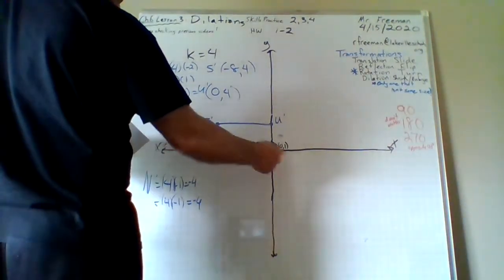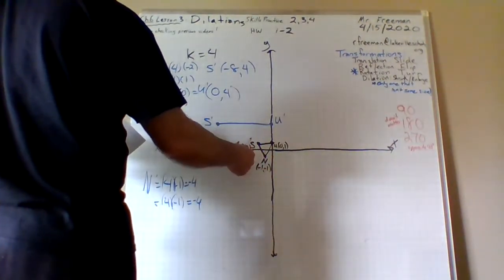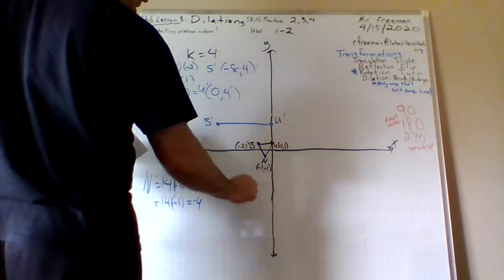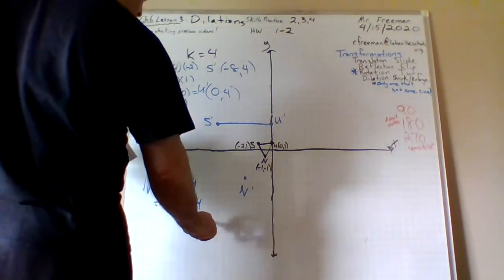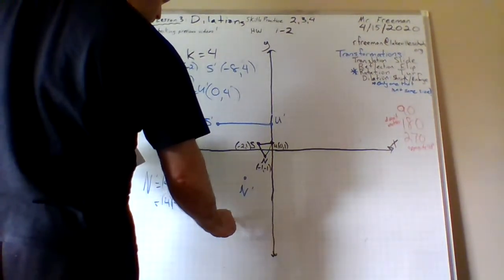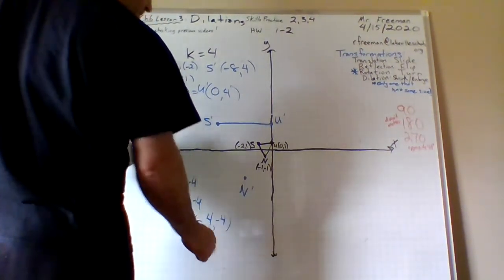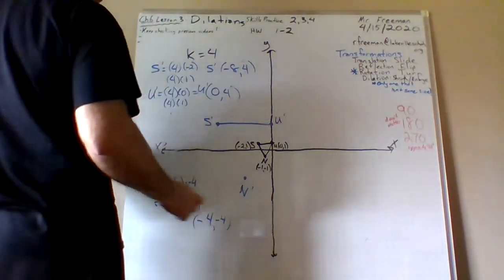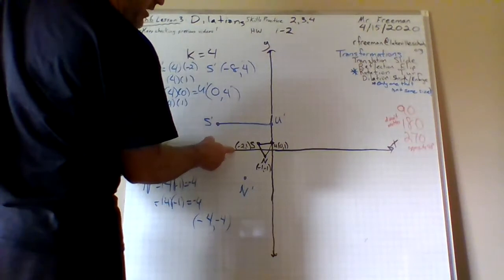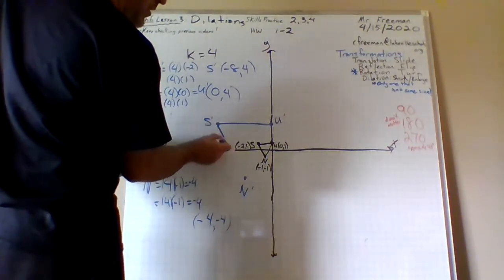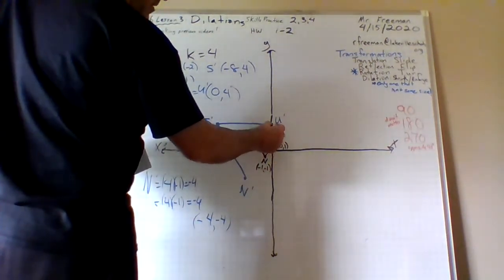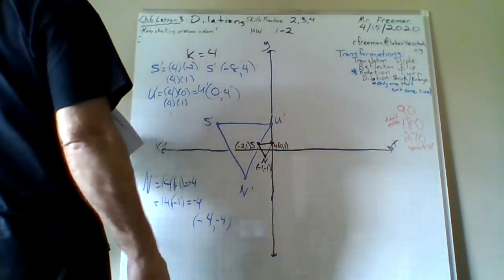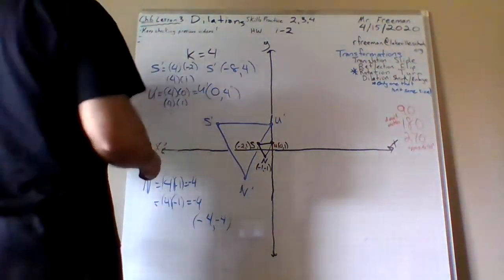So it should almost make sense that now 1, 2, 3, 4, 1, 2, 3, 4, that's where my new N prime is. Negative 4, negative 4 is the coordinate for N prime. There's that coordinate, there's U prime's coordinate, there's S prime's coordinate. So that way you don't necessarily have to label it again. If you connect your dots, connect the dots, and there's my new triangle for K being 4.